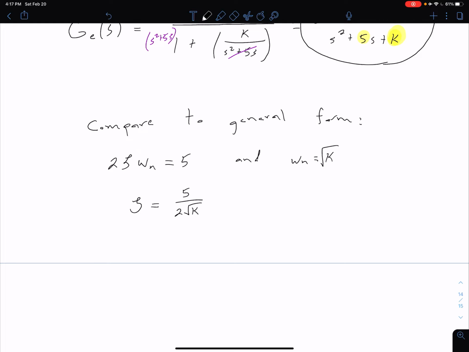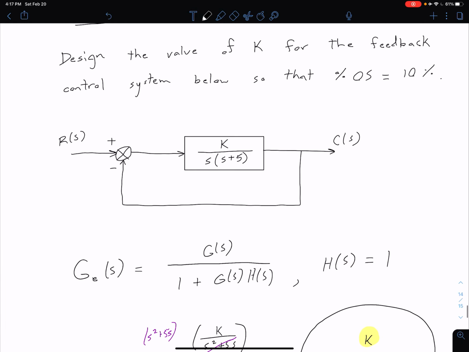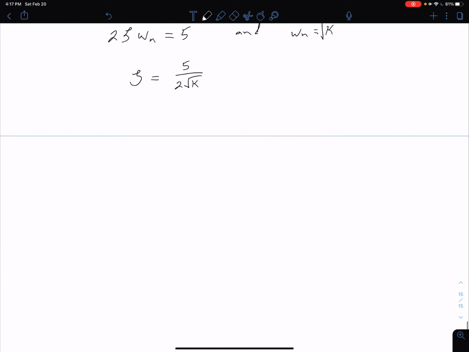And now the specification that we wanted to design for was our percent overshoot. And so as you recall, we can relate our percent overshoot to our damping ratio. So we had an equation, we said percent overshoot is actually only dependent on our damping ratio.